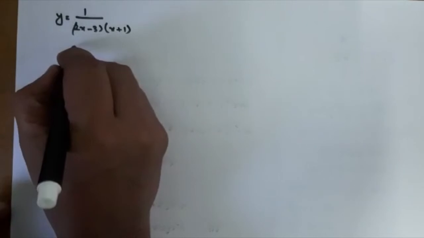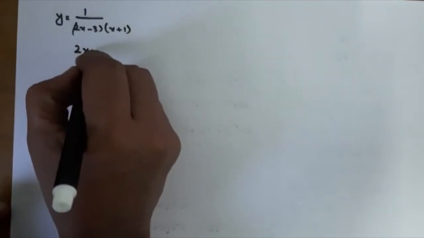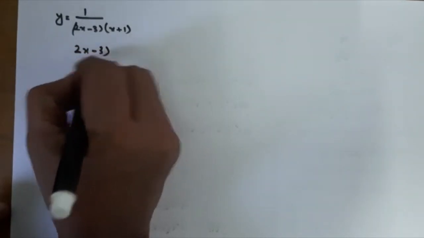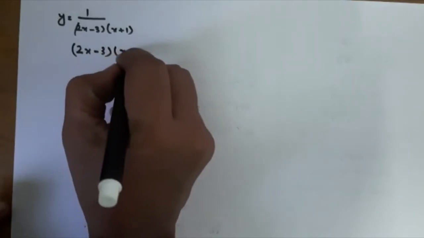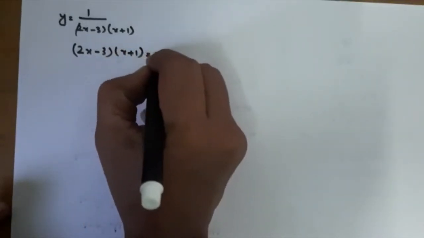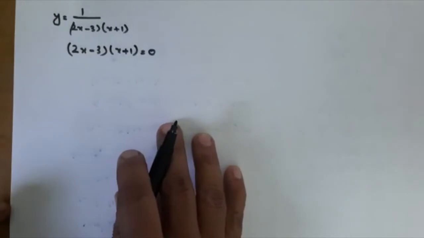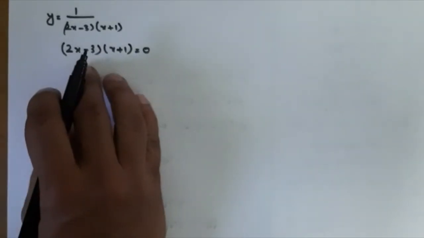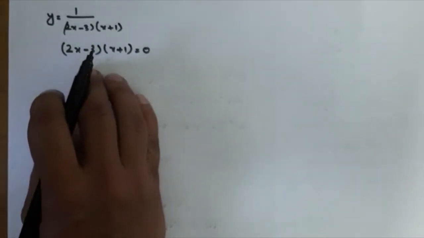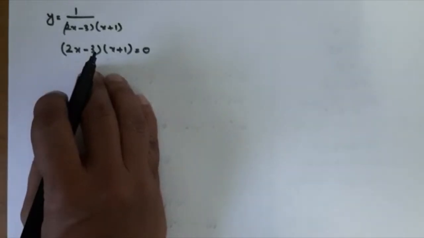That is, we want to avoid the values of x for which (2x minus 3) into (x plus 1) equal to 0.